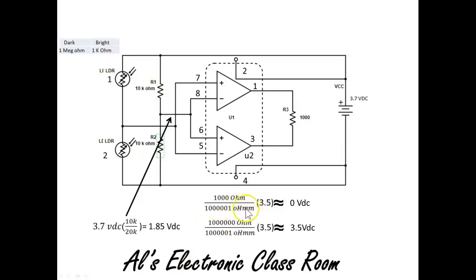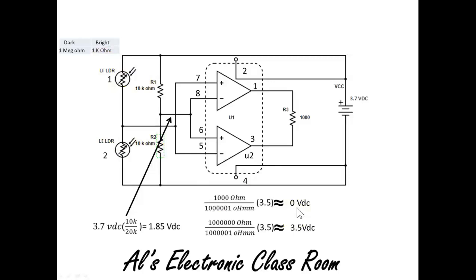And I've got a typo here that I just realized: it should be ohms, not OHMM. This is a little off, but it's okay. I'm practical, it's not going to give us that much of an error. So with 1,000 ohms over, let's say, 1,000,000 ohms, for all intents and purposes the voltage across that LDR is going to be 0 volts.